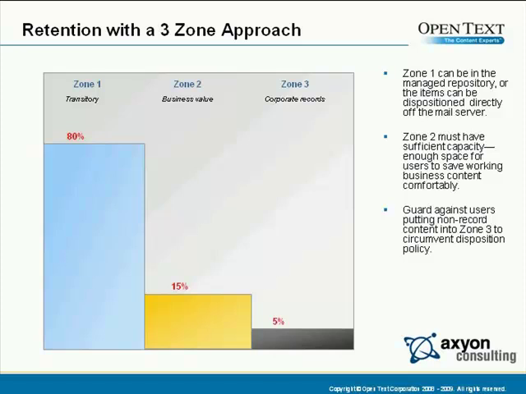And you note here that zone 1 can be managed in your ECM repository, for example, in an OpenText Content Server, or these items could also be dispositioned directly off of your mail server. Again, like I mentioned before, you want to make sure that your zone 2 has sufficient capacity and space for users who are saving their business relevant content.